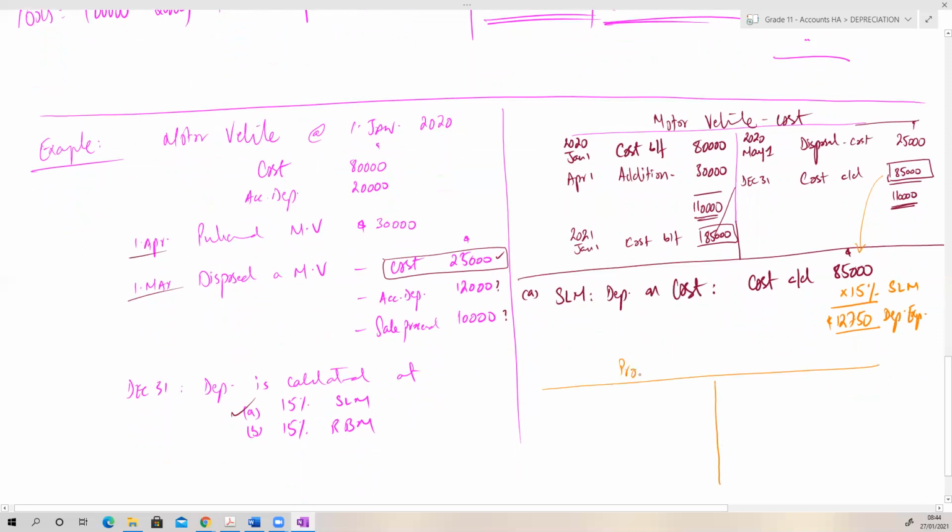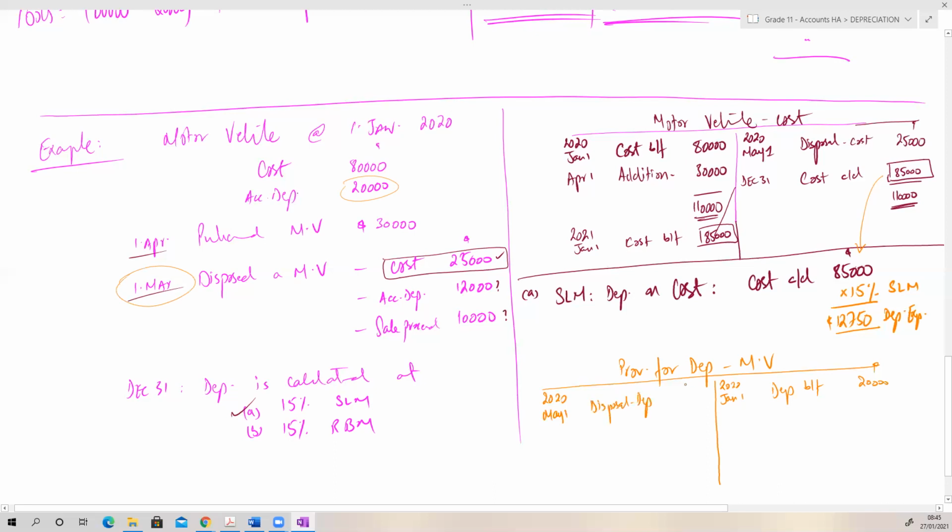This is provision for depreciation of motor vehicle. 2020 January 1st. What was the opening depreciation brought forward? 20. Okay, your disposal happened on May 1st.